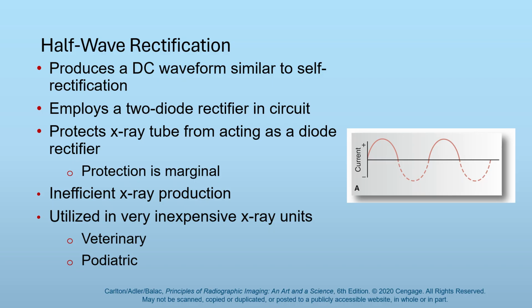And then I don't know about podiatrists, they're probably using at least full wave. I can't imagine, but podiatrists would only be taking X-rays of the feet, and so you don't necessarily need efficiency of the X-ray machine and consistent high voltage. Really what we're talking about with the improvements of the voltage waveform, it's all about the spine and the torso. We want to be able to punch through the torso and X-ray the spine.